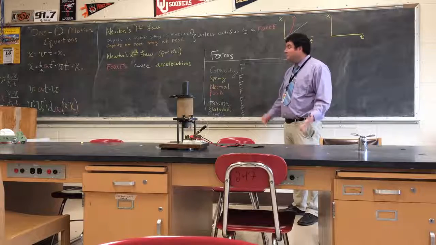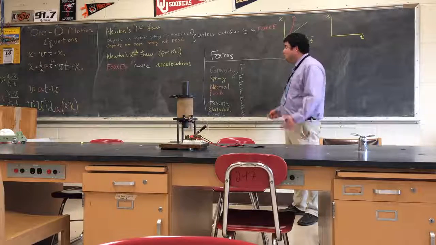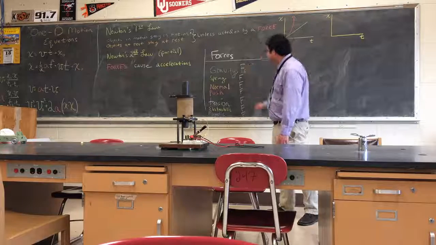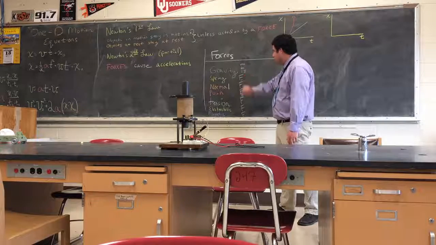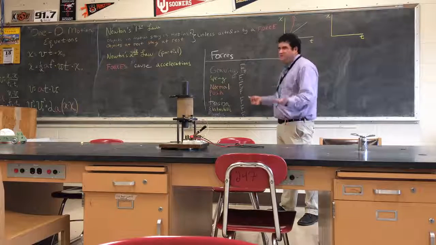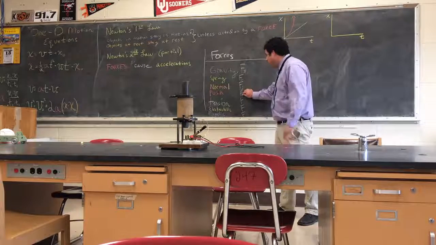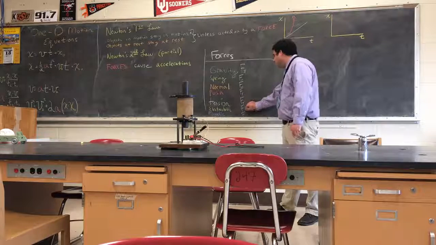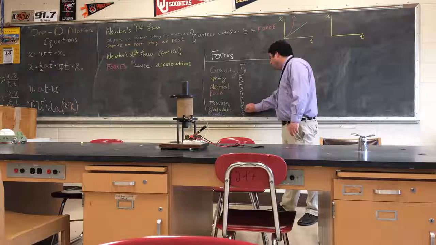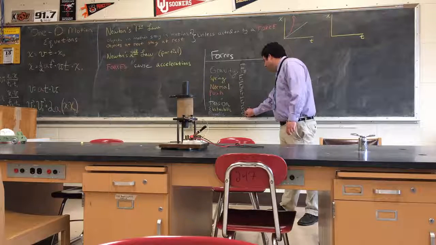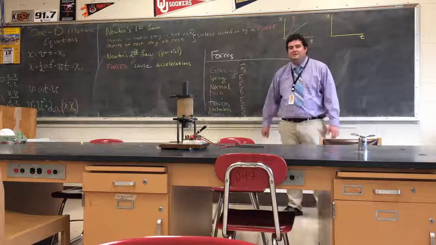Some of them make sense, others not so much, but they'll help us identify what force it is. Force of gravity is Fg. Force of the spring is Fs. Normal force is Fn. Pushing force, you can just call F, or you could put a little P on it. Tension force is Ft. Electrostatic force is Fe. And my favorite, magnetic force, is Fb. And when we study magnetism, I'll tell you why.